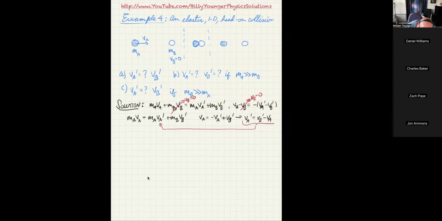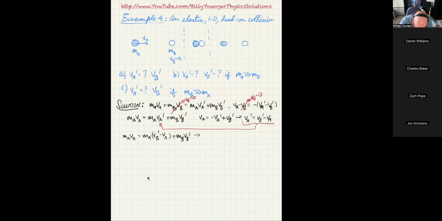In so doing, I'm going to get MAVA equals MA, and now in place of VA prime, I'm writing VB prime minus VA, plus MBVB prime. Now I only have one unknown, just VB prime. So I want to get all those terms on the same side, and all the other terms on the other side.